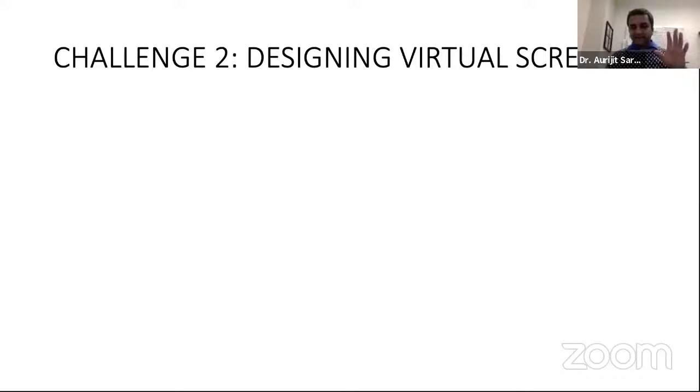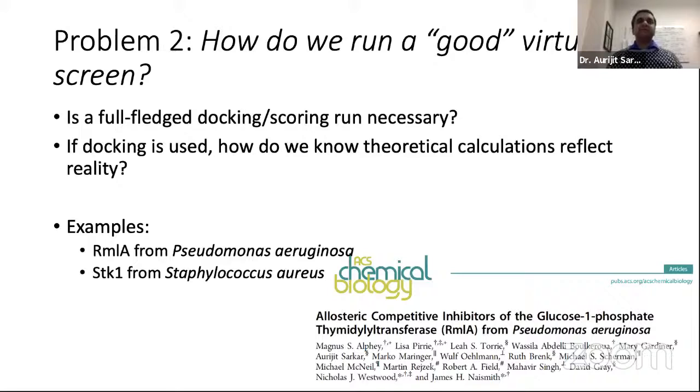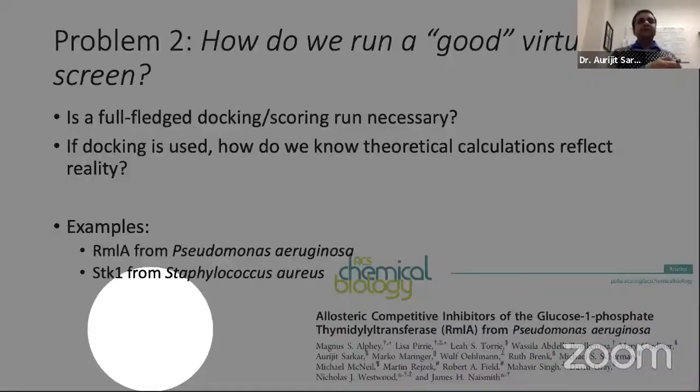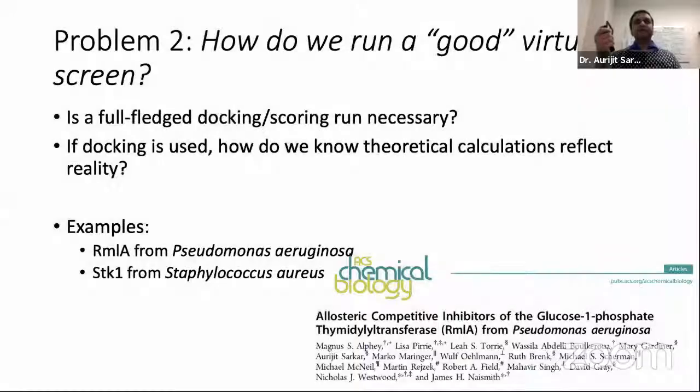Okay, that's enough about finding chemicals to run our screens. Let's take a look at how to design a decent virtual screen. And I'm going to do this in two parts. So basically, two questions that we need to answer are: do we really need to run a full docking and scoring run?